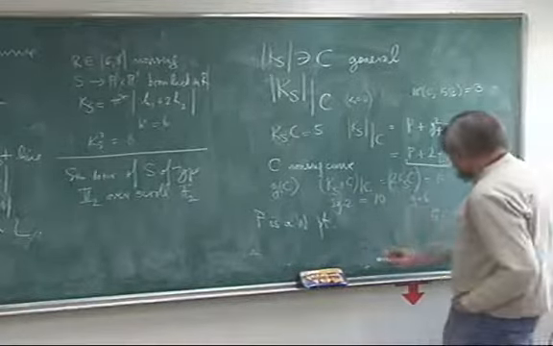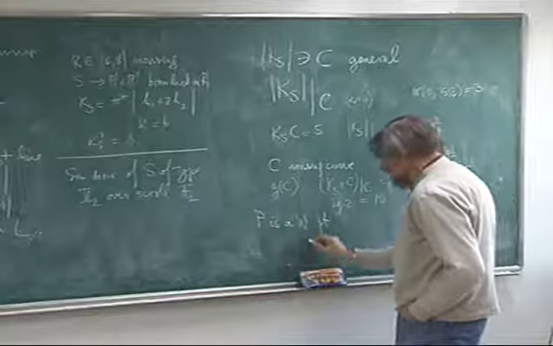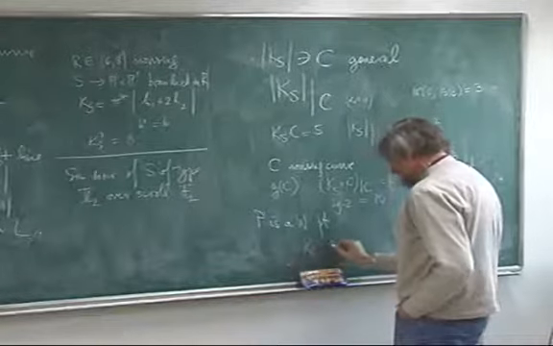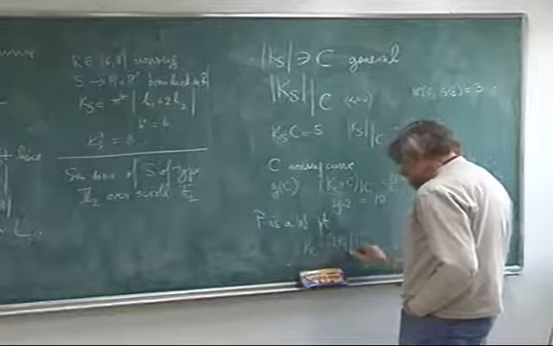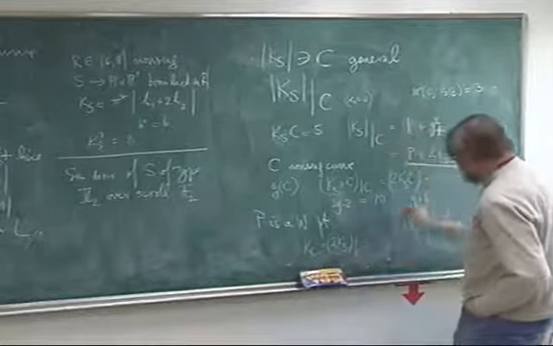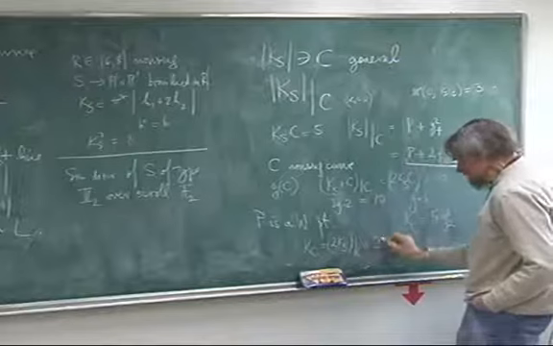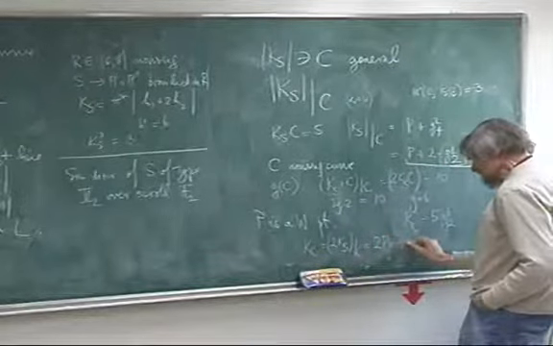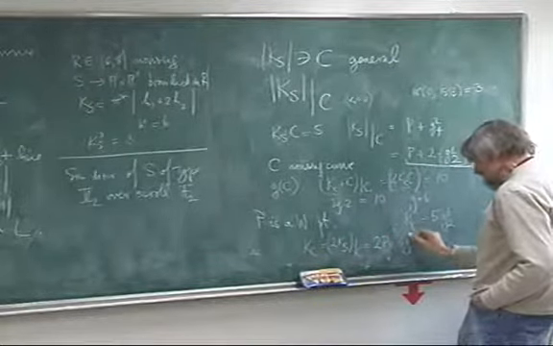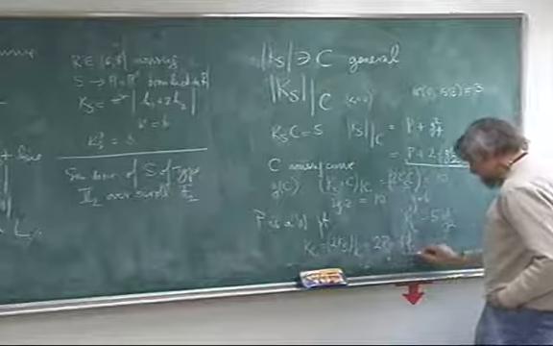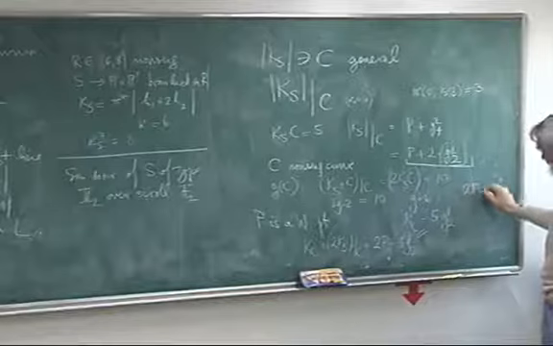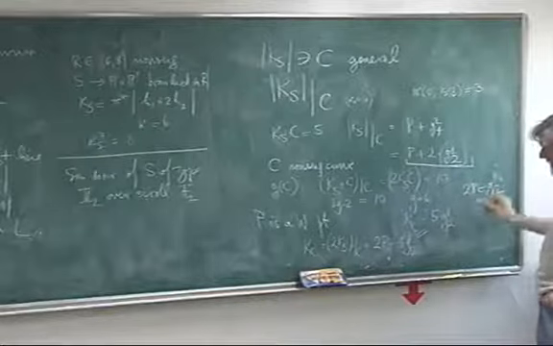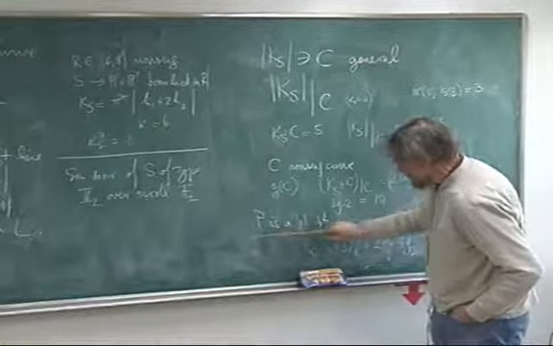On the other hand, Kc is also equal to 2Ks restricted to C, and this is 2P plus 4 times the G12. So if I set these two equal, then I get that 2P is in the G12. So P is a Weierstrass point.